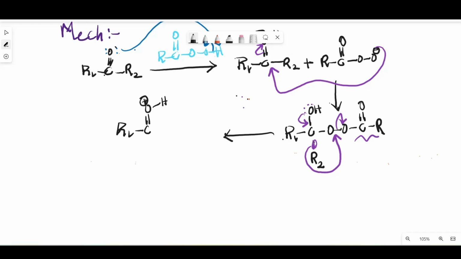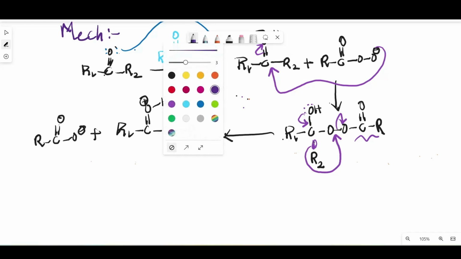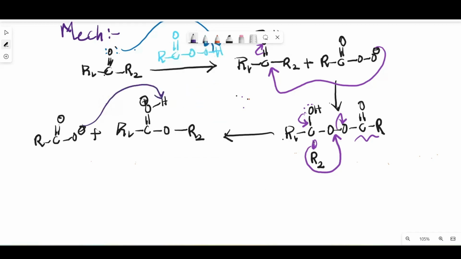So here we will get this oxygen, and here we will get R2. R2 will be shifted towards oxygen, so R2 is making a bond with oxygen. So another product will be RC=O minus. Here O minus will abstract this hydrogen, and then you will get the ester from here: R1C=O OR2.